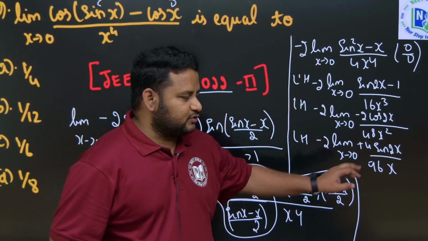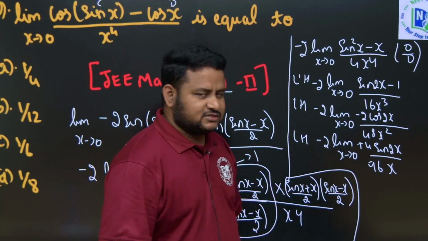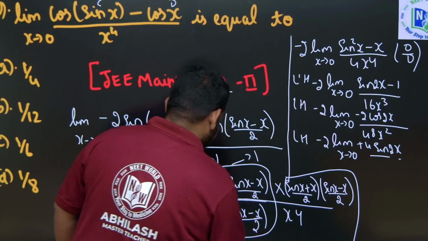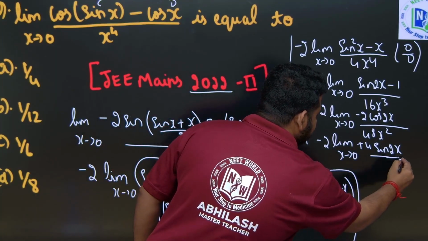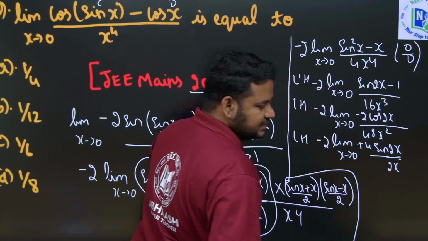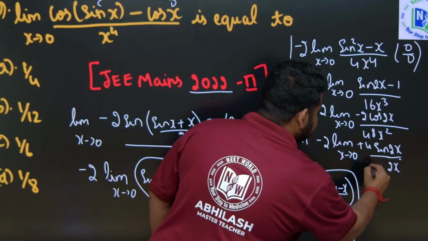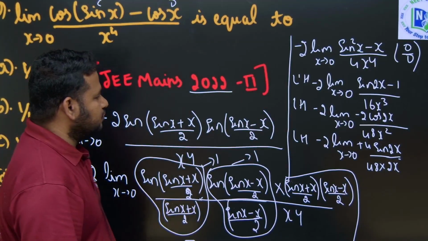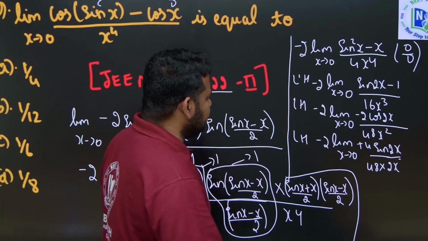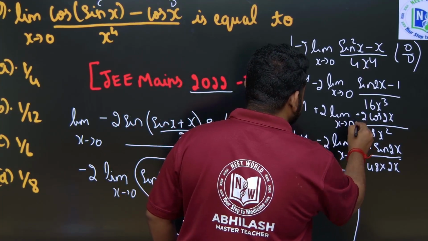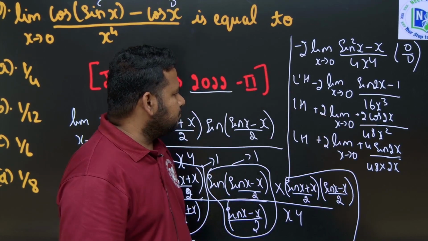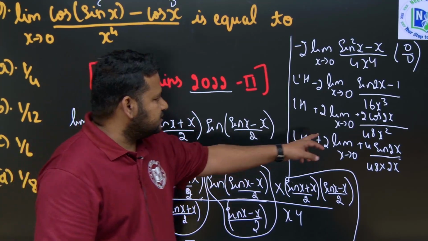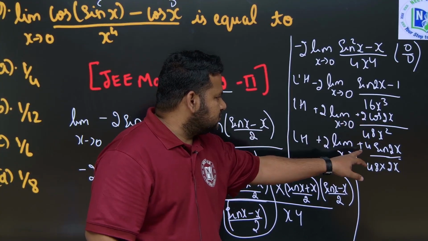Now this 96 into x, I can write it as 48 into 2, because here I have 2x, so here also I need 2x. So here it has become minus into minus, plus, and here also it will become plus, since derivative of cos is minus sin.